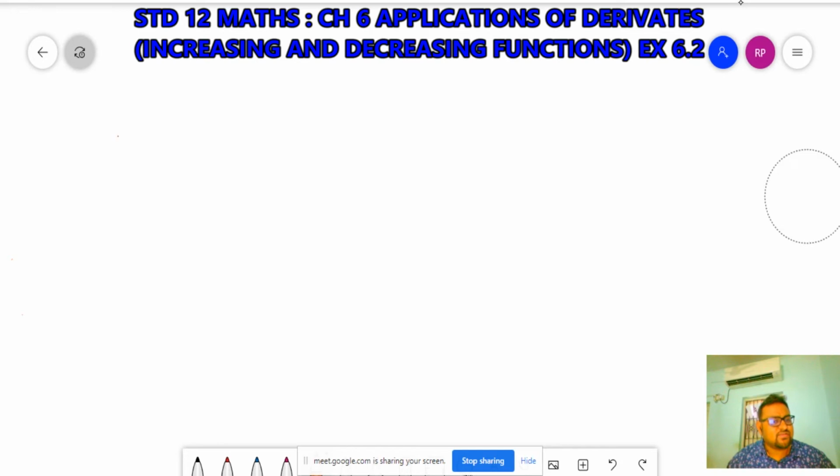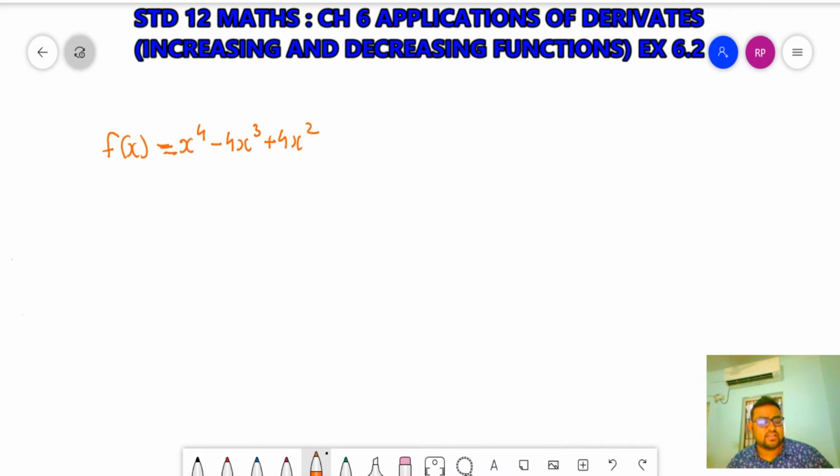The example is given like this. F of x is equal to x raised to 4 minus 4x cube plus 4x square. Now you have to find in which interval the function is increasing and in which interval it is decreasing. So I will differentiate it.